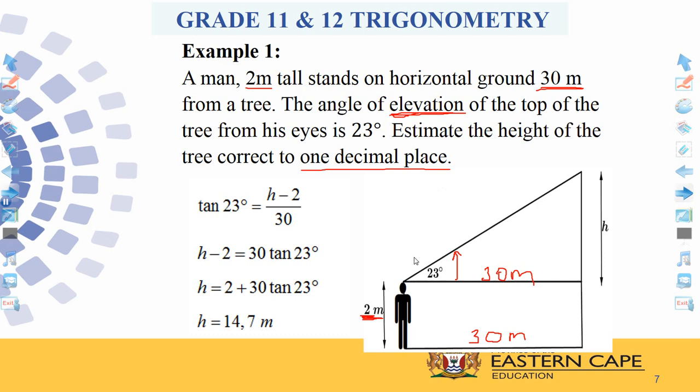Now usually the diagrams are drawn so that you can be able to see what is happening there. Note that the line down there where the feet of the man are is at the same level as the root of the tree, where the stem and the root meet. So it's horizontal. So take note that this man is not looking at the level of the ground, he is already 2 meters high.